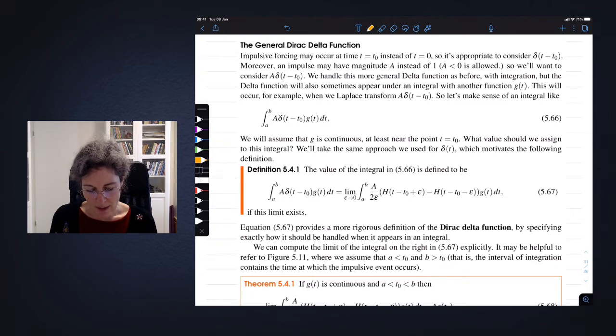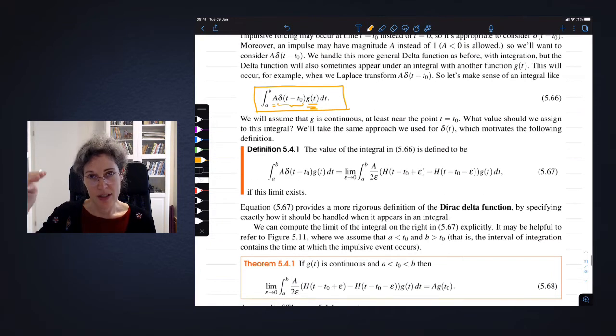So generally, the kind of thing that we want to be able to answer is what is the integral of something like this? So here we've got some constant, some function, and here we've got a Dirac delta.